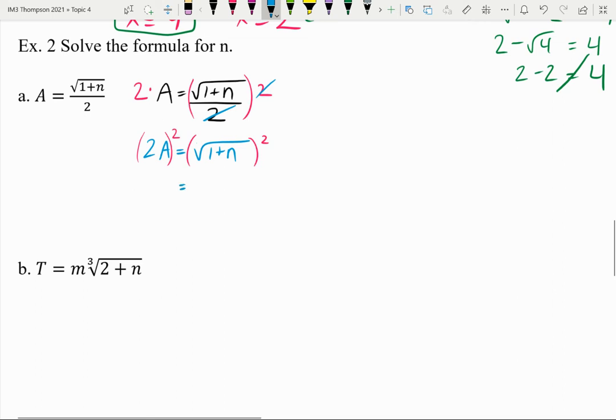The square root of 1 plus n squared is 1 plus n. Remember, those cancel. And now I have 2a quantity squared. So I've got 2 squared, which is 4, and a squared, which I'll just have to leave as a squared.